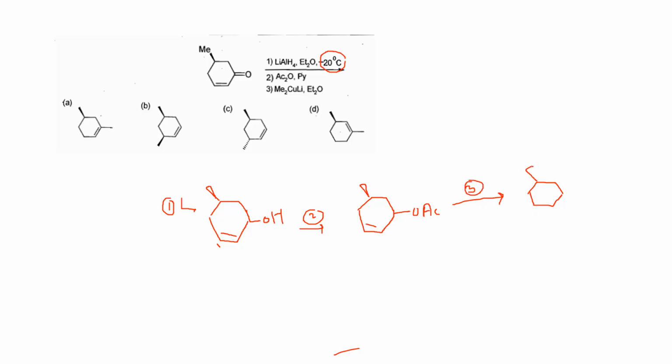The new methyl will come from below the plane. The double bond will shift here, and OAc will be removed from the system. We will get this as our product. Option C. Okay.